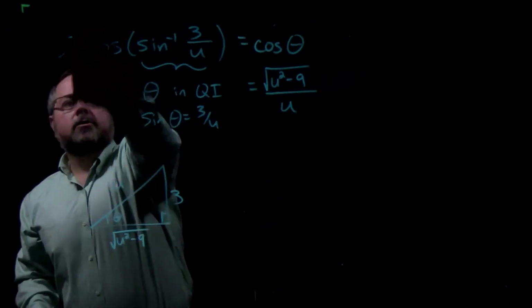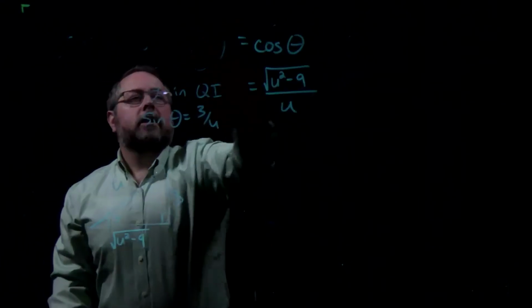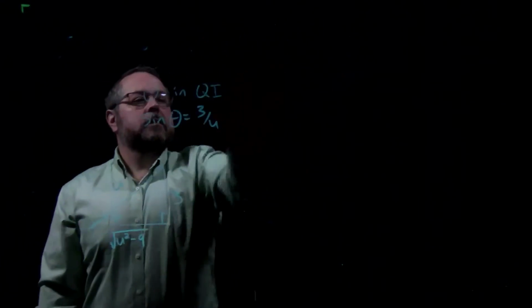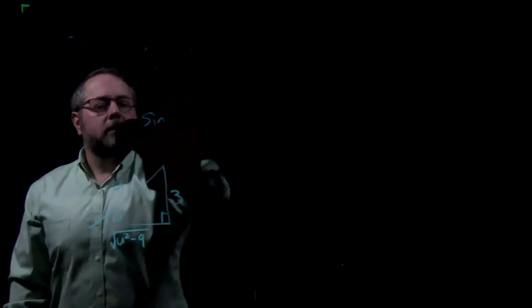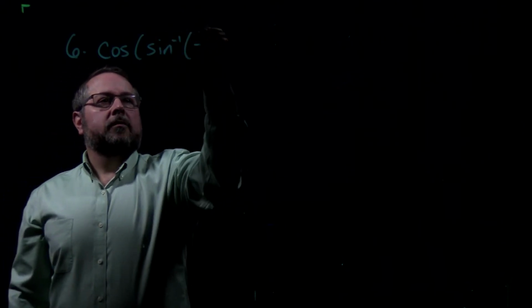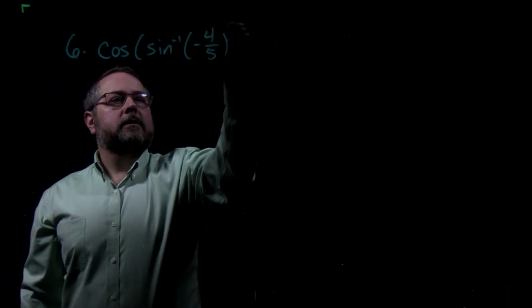Okay, and let's just do an example like that really quick to finish this video up. Okay, so let's suppose we wanted to find the cosine of the inverse sine of negative 4 over 5.